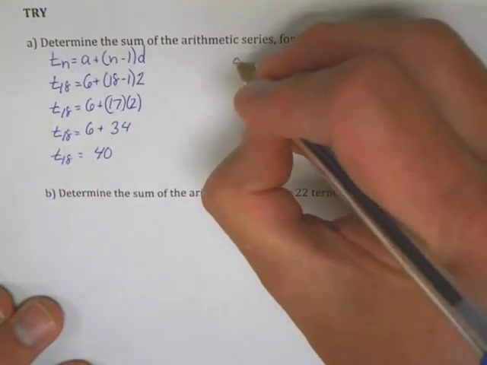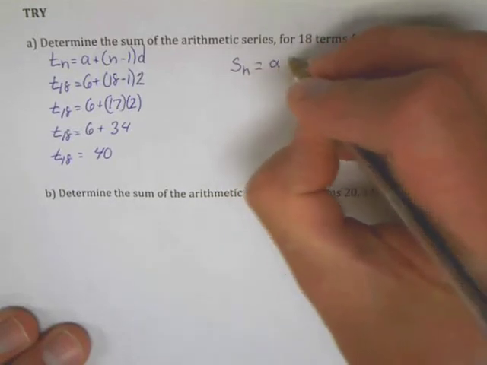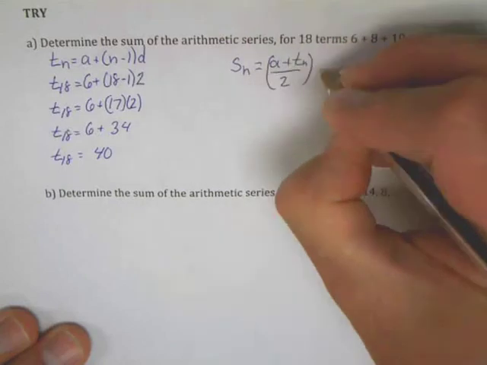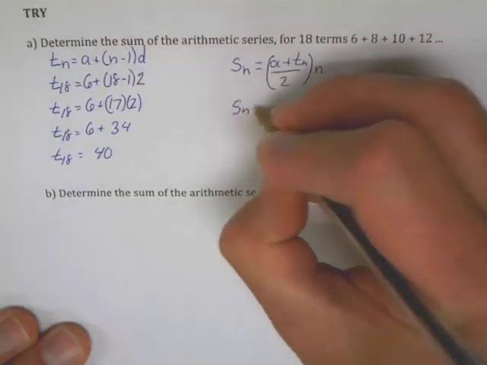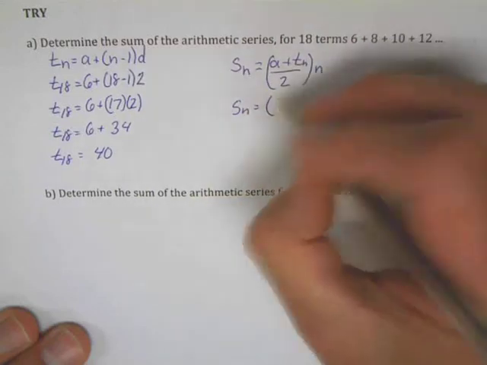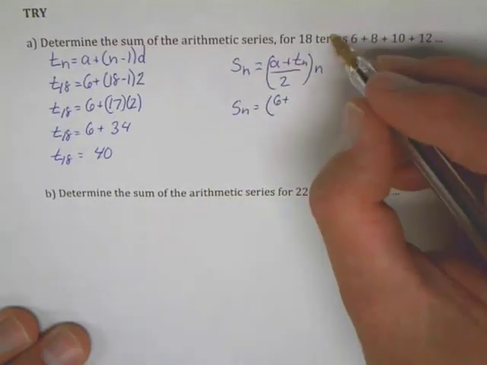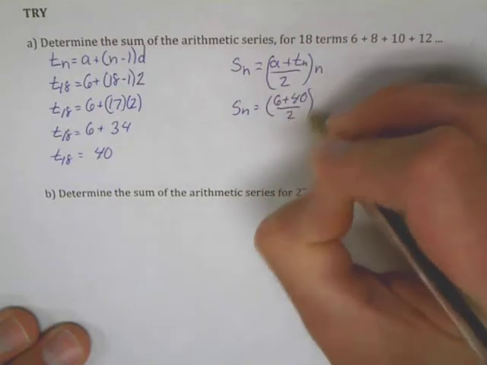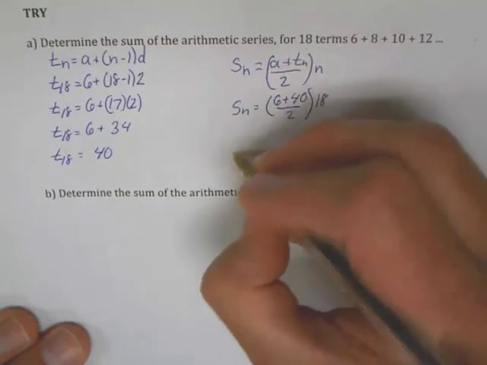Then we go back to our sum equation. Sn is equal to A plus that last term, divided by 2, times the number of terms you're going to add. So Sn is equal to A, the first number, 6, plus the 18th term, which is 40, divided by 2, and because they want us to do the first 18, we're going to multiply by 18.